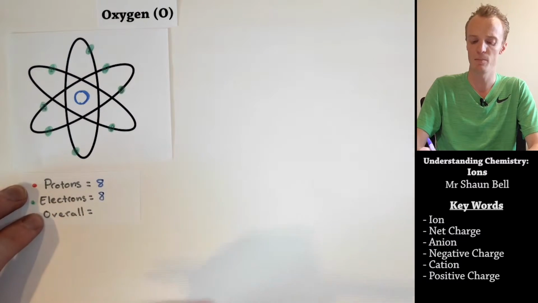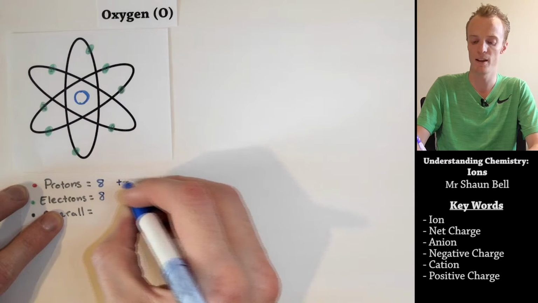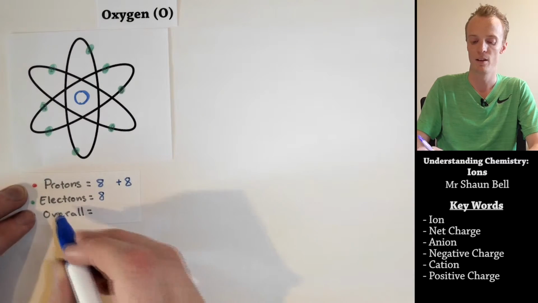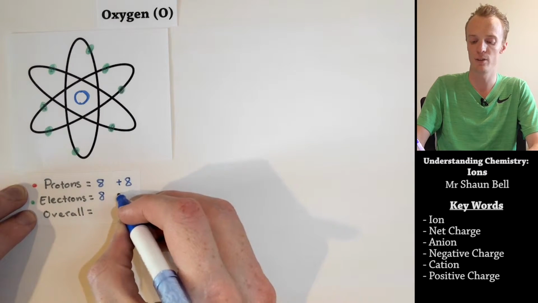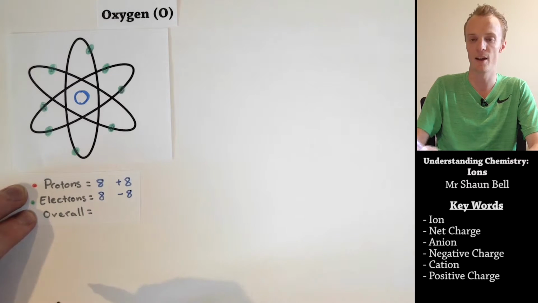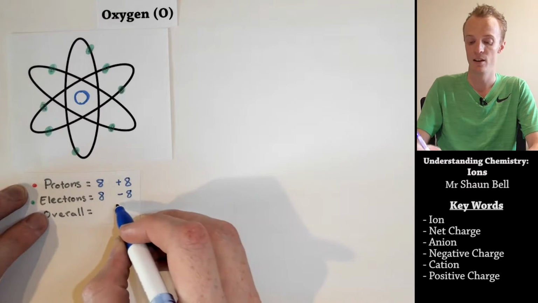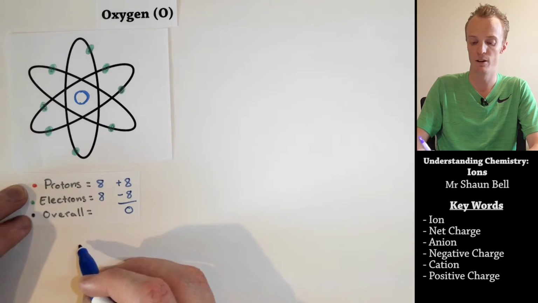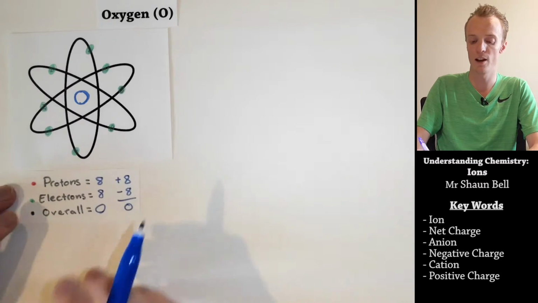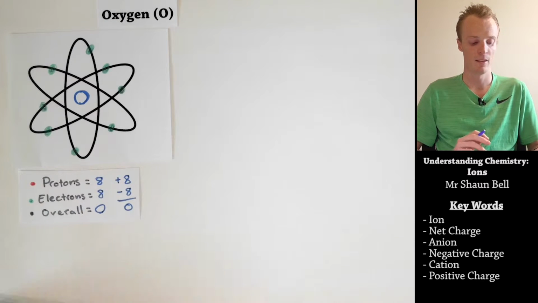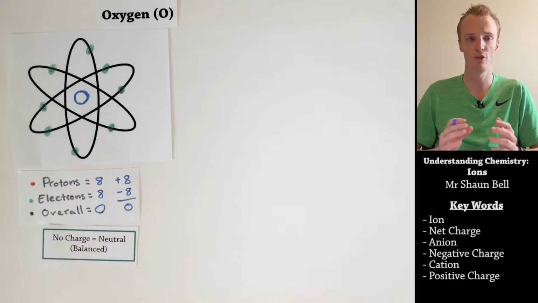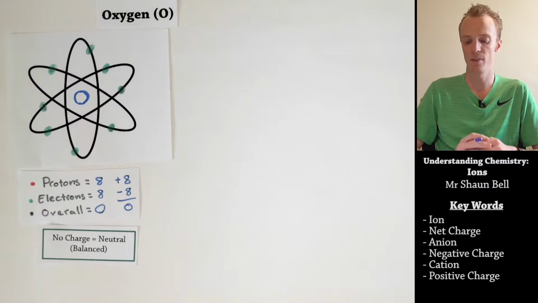These 8 positive protons give me a charge of +8, where these negative electrons give me a charge of -8. If I add these two charges together, it will equal 0. So my overall charge will be 0. Therefore, because I have no charge, this atom is considered to be neutral and is not an ion.